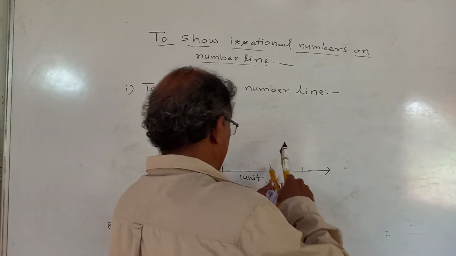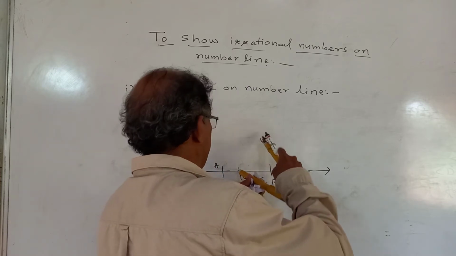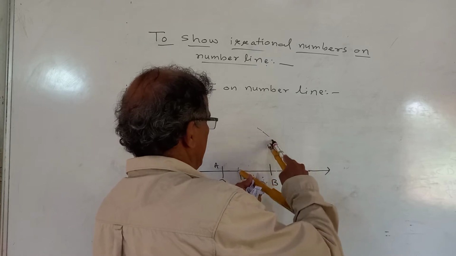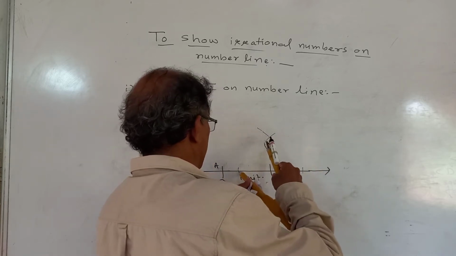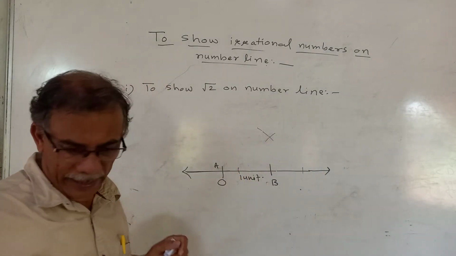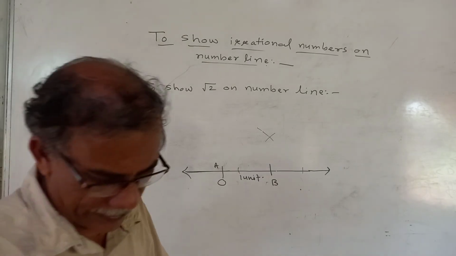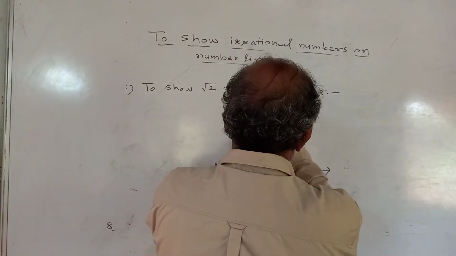You construct arcs here, then here, then keep the compass here, draw the arc, and then keep it here and draw the arc. This construction you have studied, how to draw the perpendicular to a given line from a point. Then this is the perpendicular at B, isn't it?